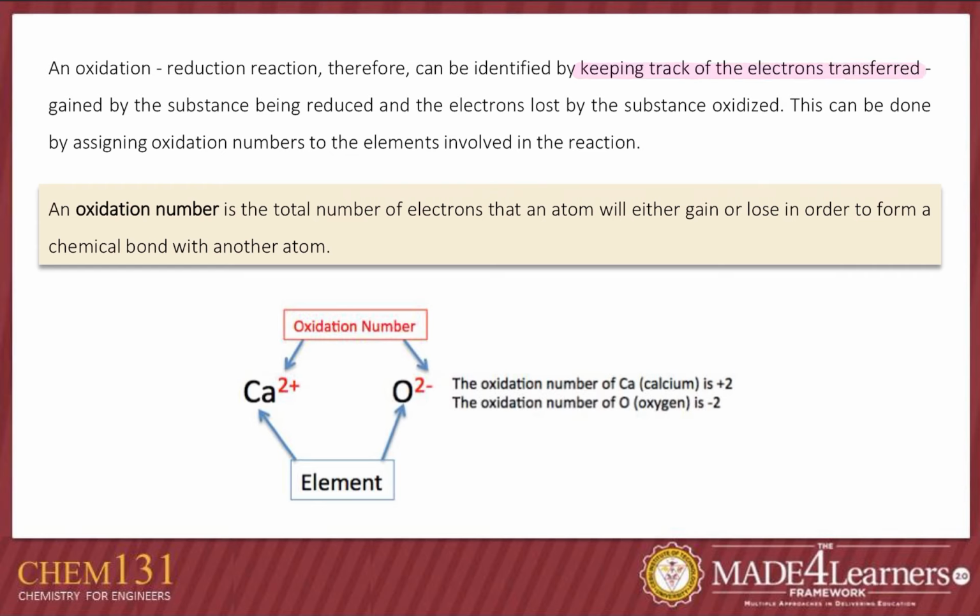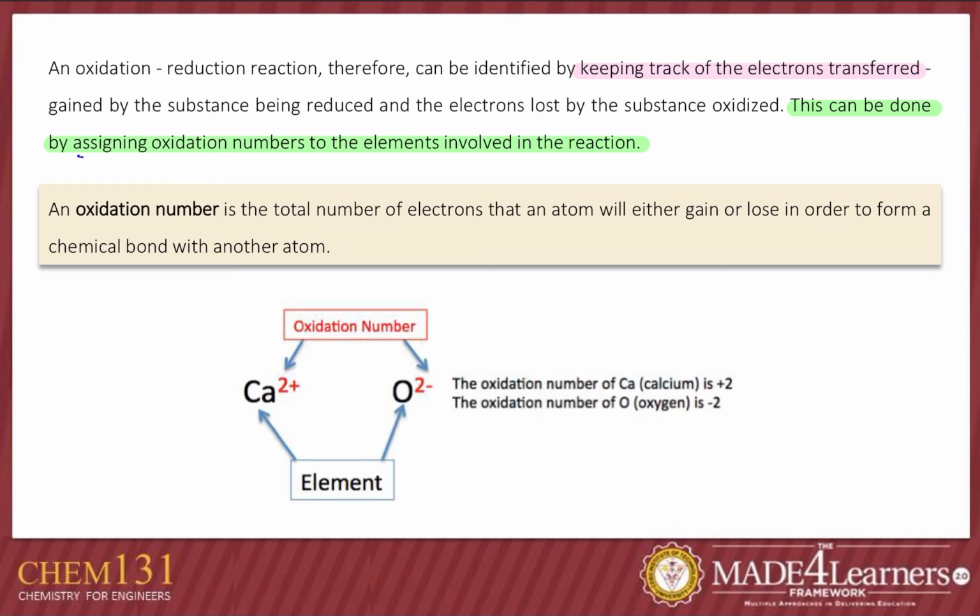So, keeping track of the electrons gained by the substance being reduced and keeping track of the electrons lost by the substance oxidized. But how do we keep track of the electrons transferred? Unsaon man? How? This can be done by assigning oxidation numbers to the elements involved in the reaction.